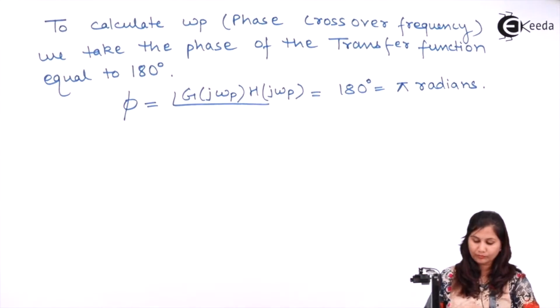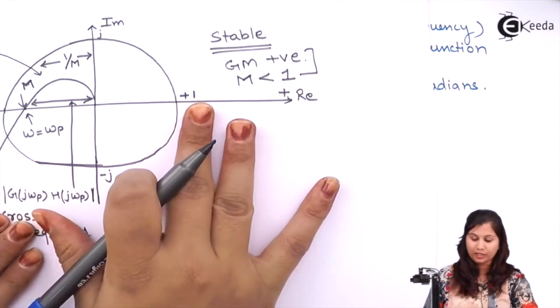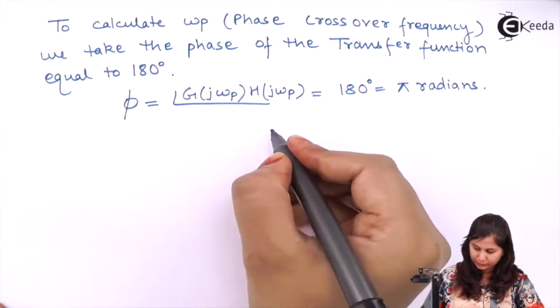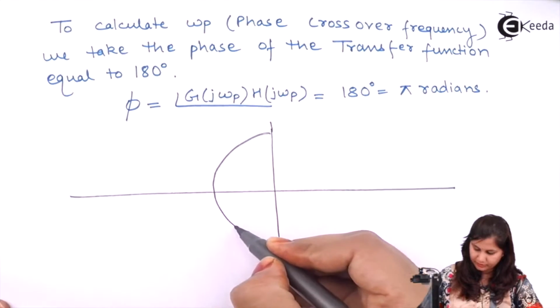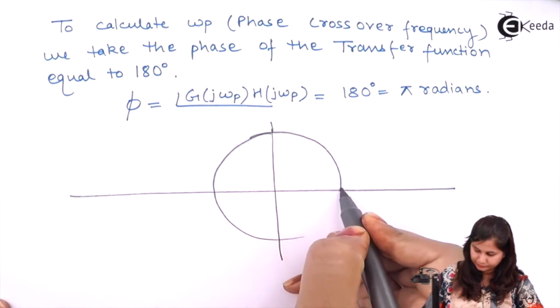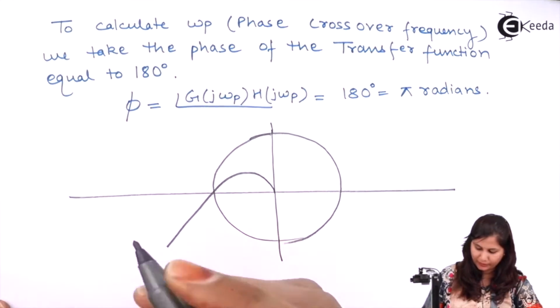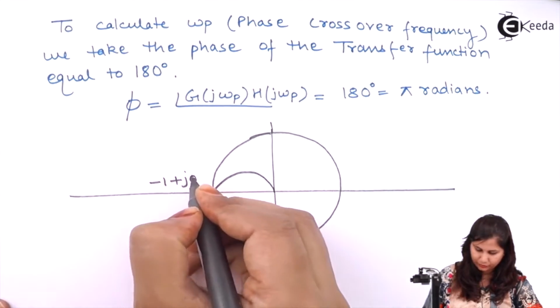Now the polar plot which we have seen is for the stable system. For an unstable system, what will the polar plot be? This is the unit circle, and the polar plot is going to cross this point minus 1 plus j0.